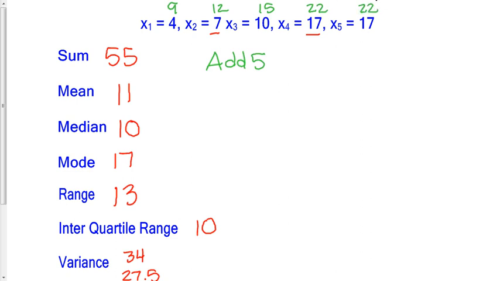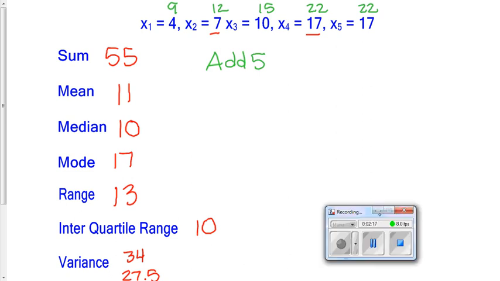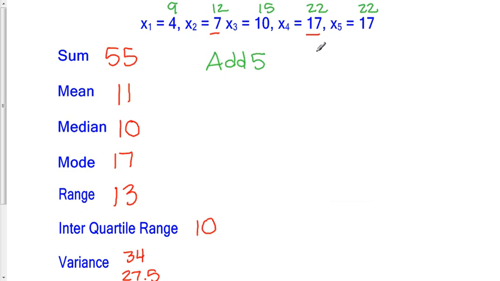And then if we go and recalculate all of these different items, the sum would be now 80. The mean returns to 16.